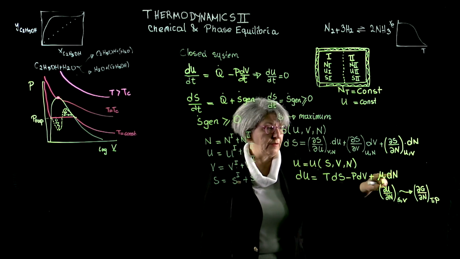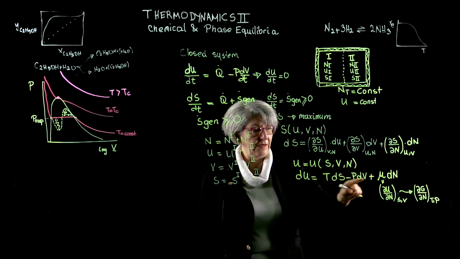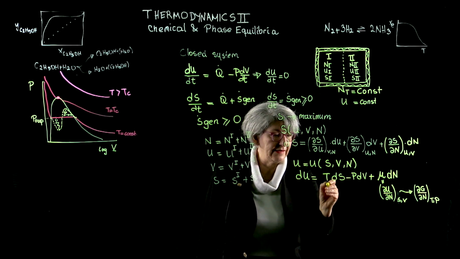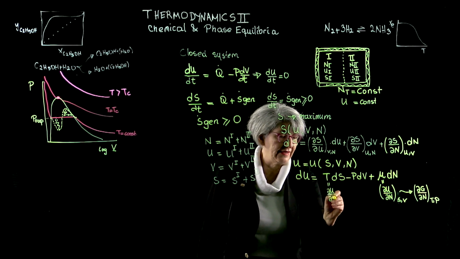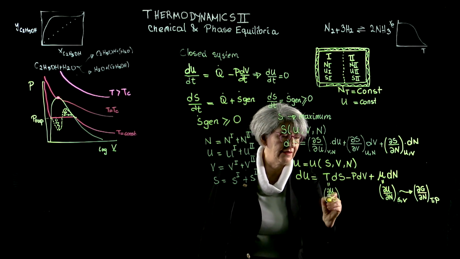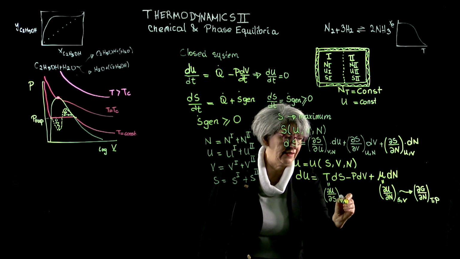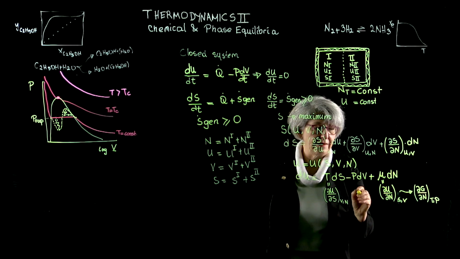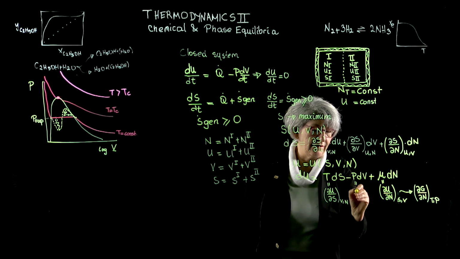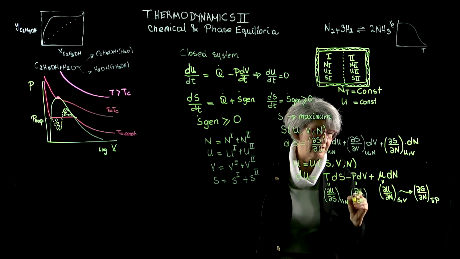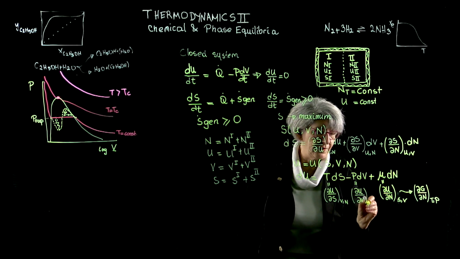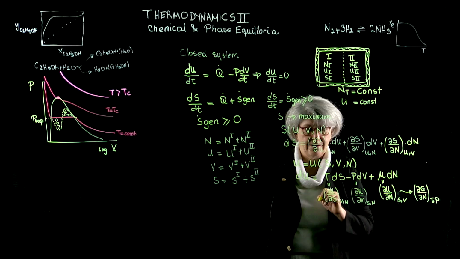Temperature was del U over del S at constant V and N, and minus P was del U over del V at constant entropy and N.